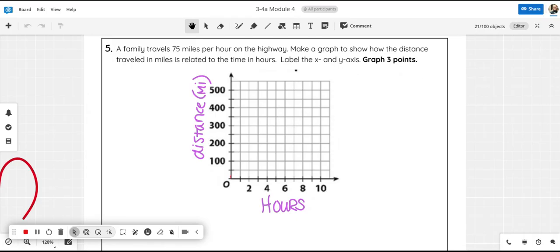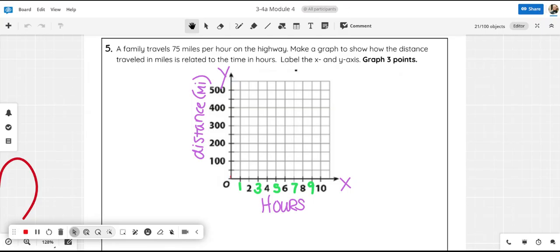So I have x, I have y. All right, so 75 miles per hour. So if I look at 1 hour there, should be 75 miles per hour. So I'm just going to add in these numbers here because you only see the even numbers. So that means I'm going to go 1 hour, 75 miles.